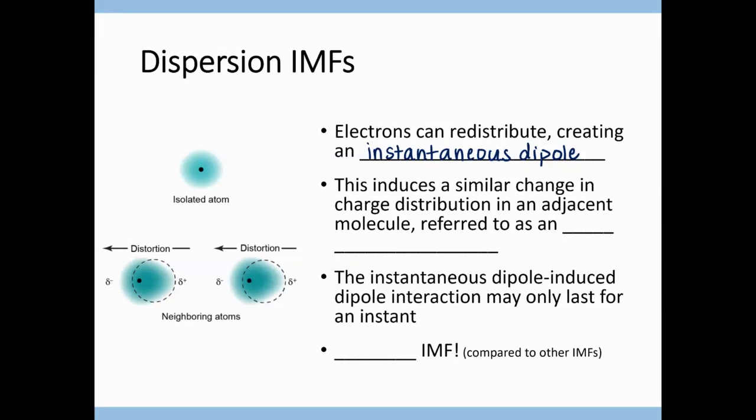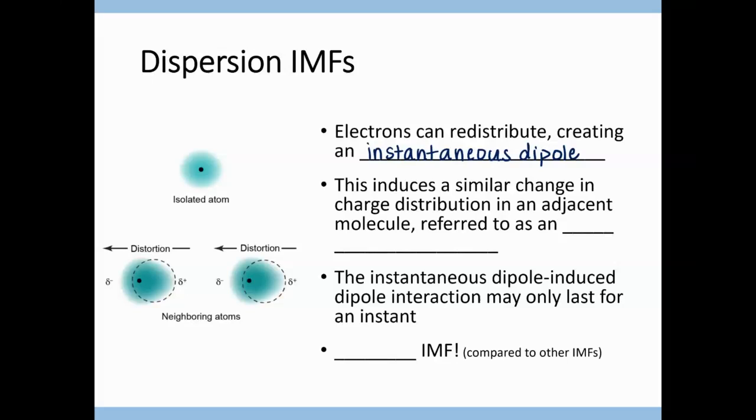So if we have a liquid sample of a nonpolar molecule that has electrons redistributing to form a partial negative and a partial positive for an instant, an instantaneous dipole, well then a nearby molecule will also have a dipole.